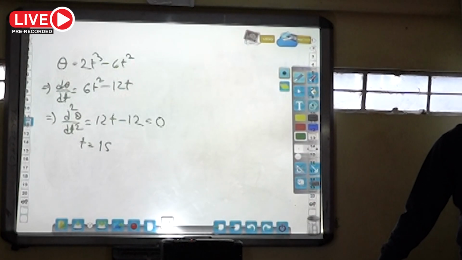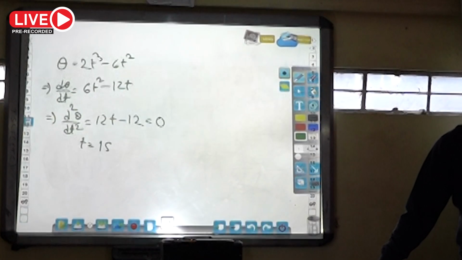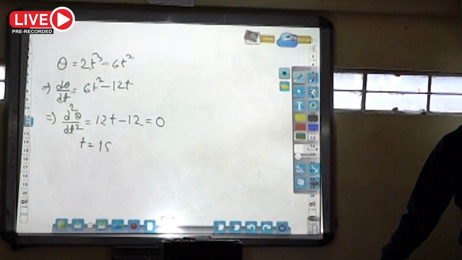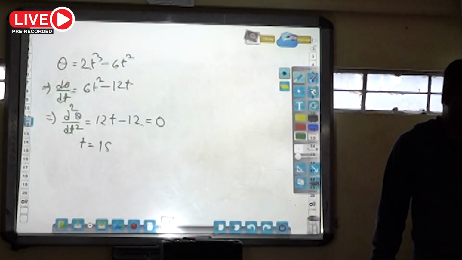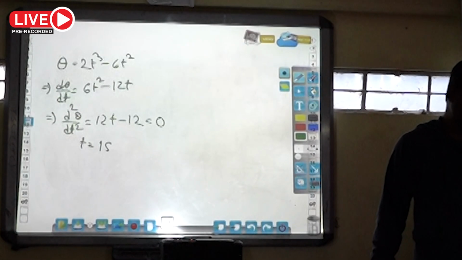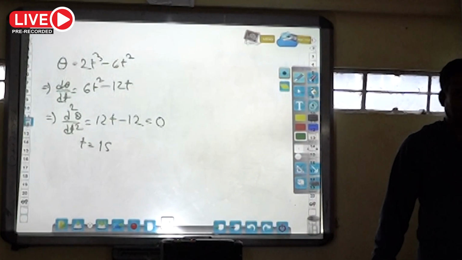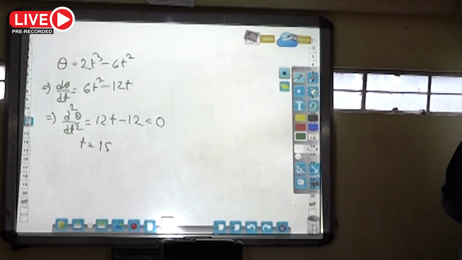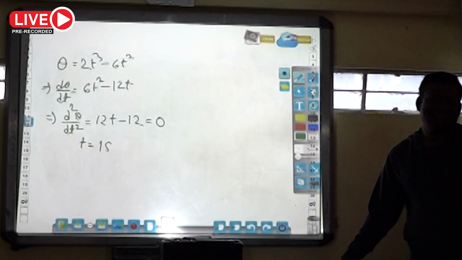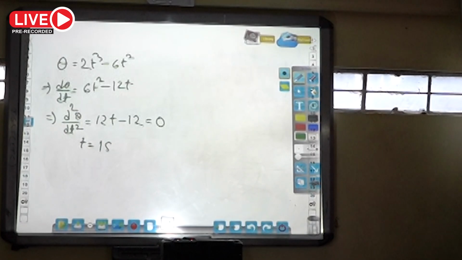Option D, R dot tau equal to 0 and F dot tau greater than 0. Question of vector actually.